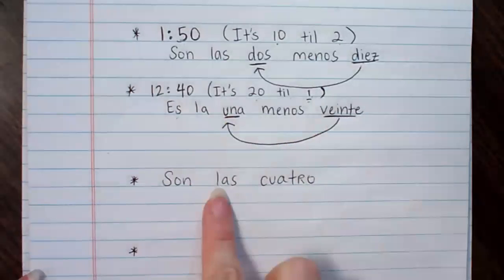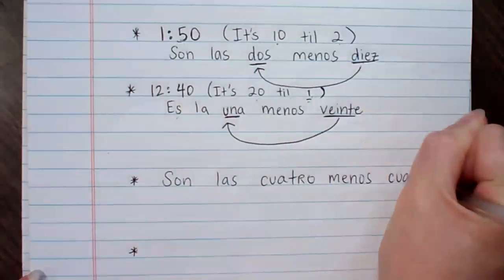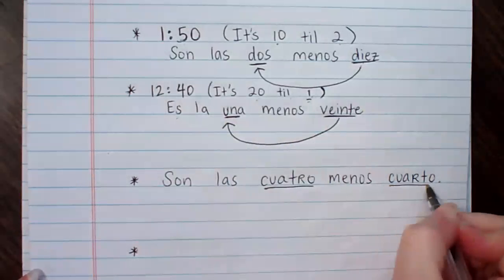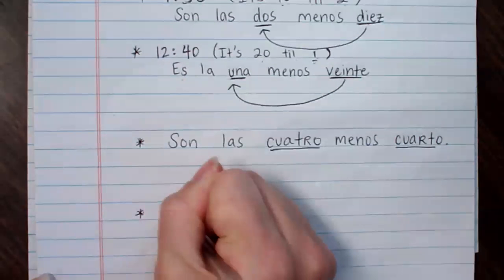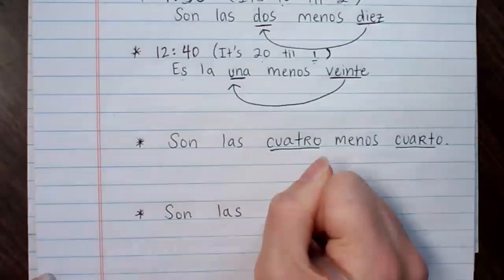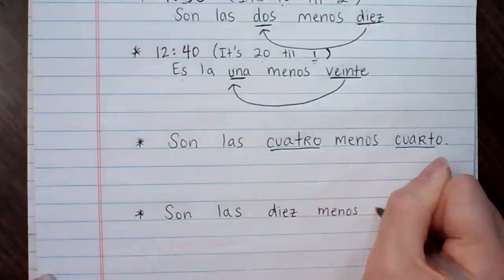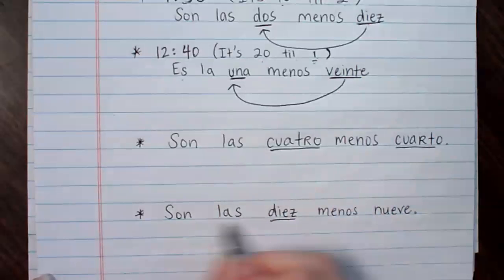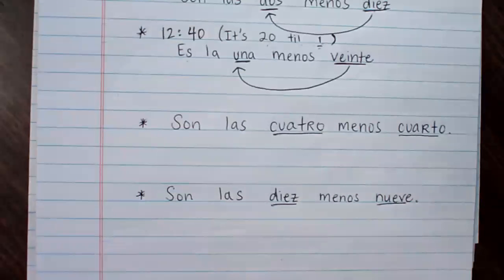If I say son las 4 menos cuarto, you guys think about what time that might be. And our second example is son las 10 menos 9. So you guys take a second, try and figure them out.